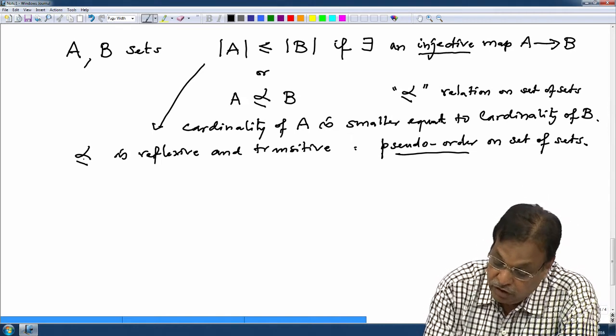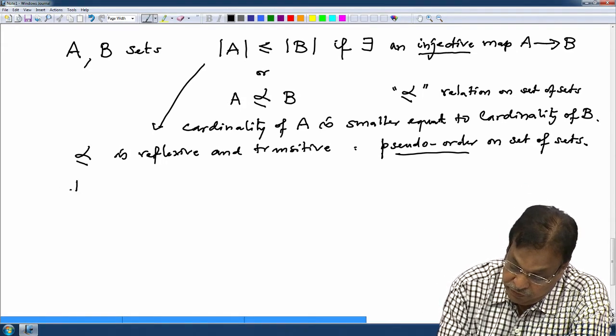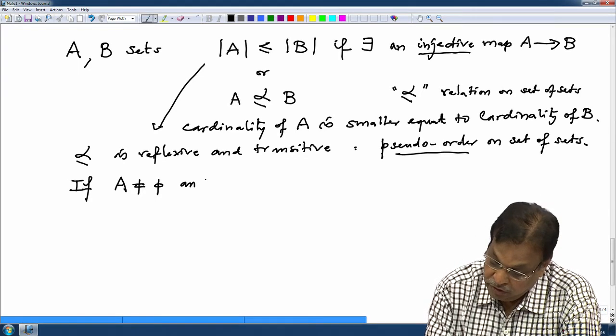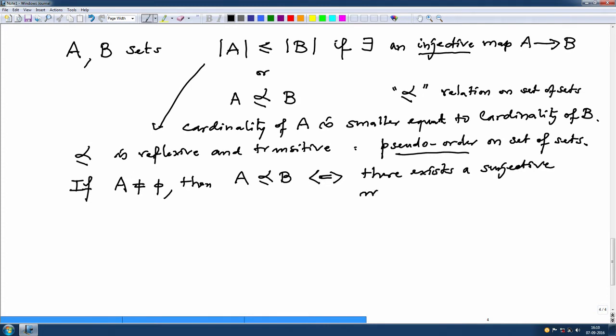So one can also characterize this relation by using surjective maps. For example, one can easily prove: if A is a non-empty set, then A script less equal to B if and only if there exists a surjective map from B to A. This also needs a proof, but this is not too difficult.